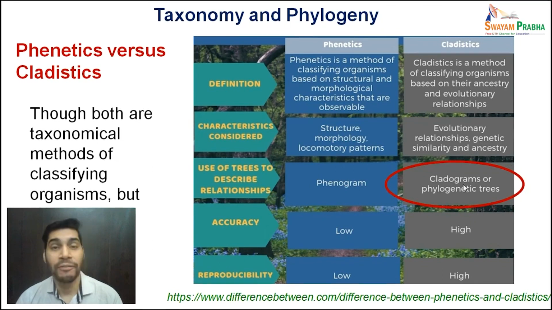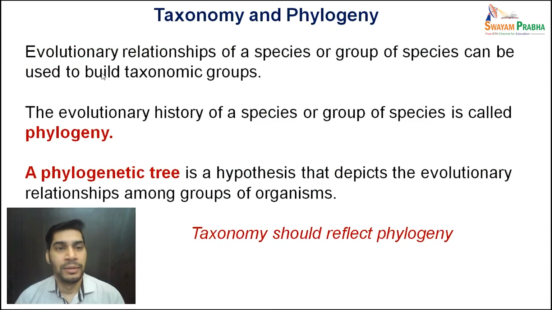That means we are going to discuss taxonomy in relation to evolutionary history, that is, taxonomy and phylogeny connections through the phylogenetic trees. The evolutionary relationships of a species or a group of species can be used to build taxonomic groups.